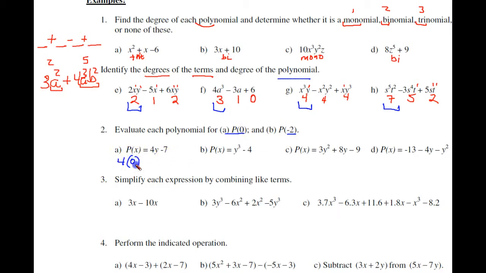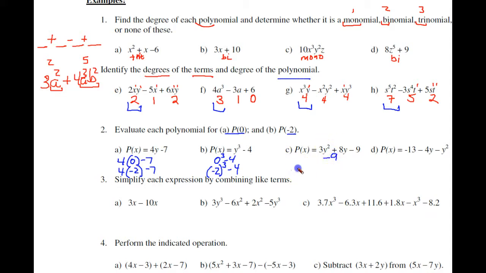So this would be 0 to the third minus 4, and then negative 2 to the third minus 4. And for a 0 and a 0, these are both going to be 0. So the first one is just a negative 9.